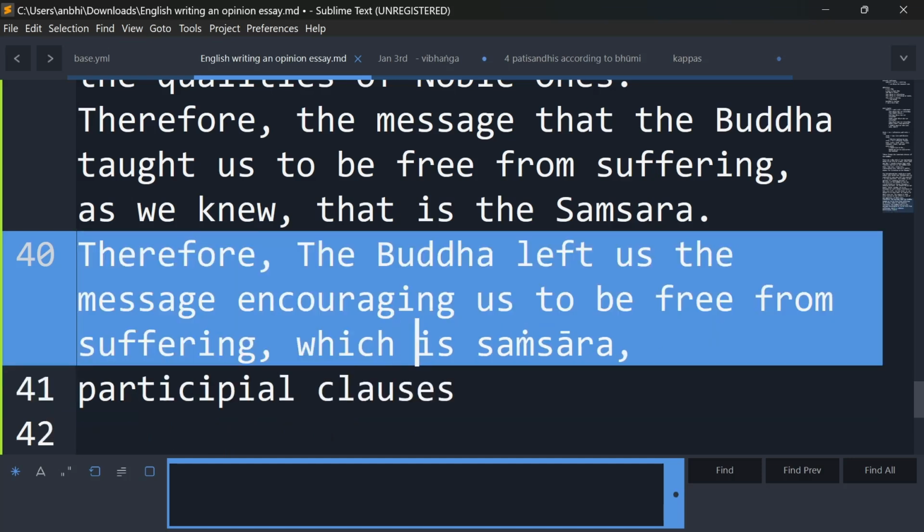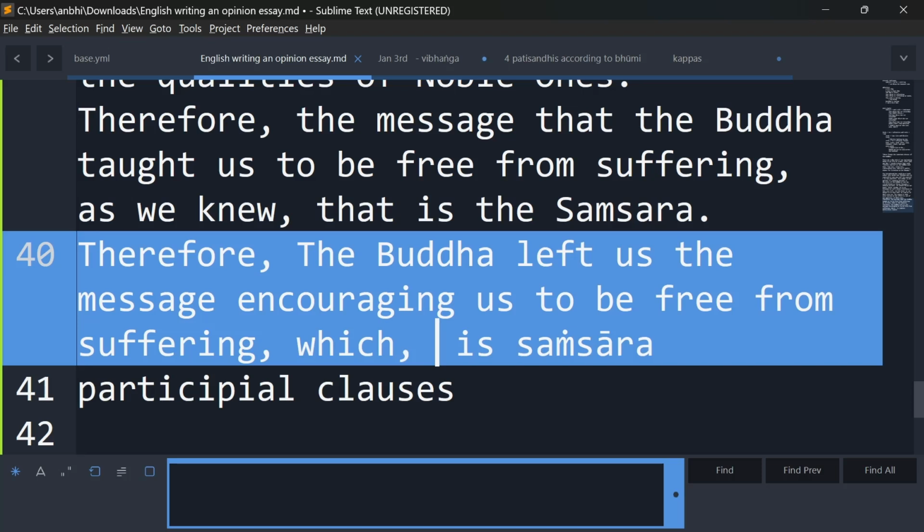Even you could, because look, which is samsara, right? Suffering, which is samsara. But I'm adding, we all know. So you could even add which is samsara.